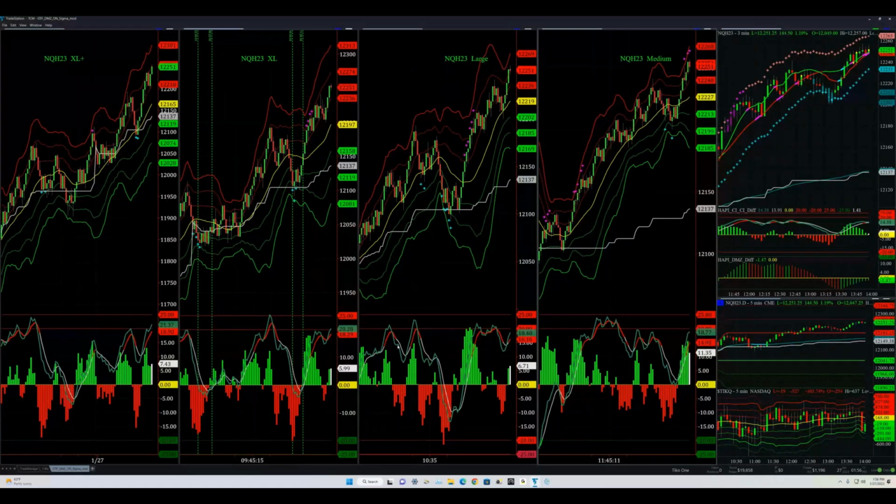So you have a lot of different ways to tell if price is overbought or oversold. In order of importance and what I use in my trading, I will use these dots or crosses. That's my number one. I will use these 3-minute color changes here and here. So that's my number 2.